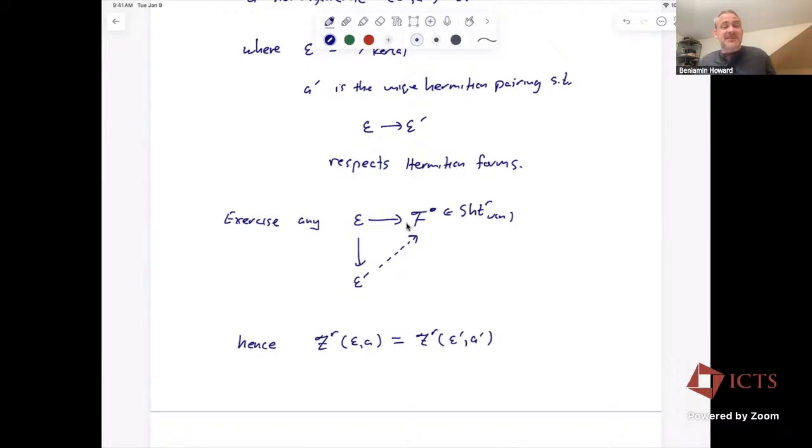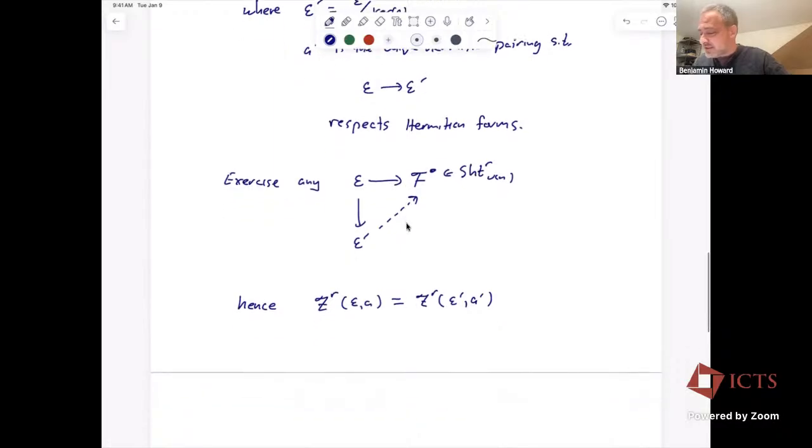There's something similar, but slightly more complicated happening on the Eisenstein series side.